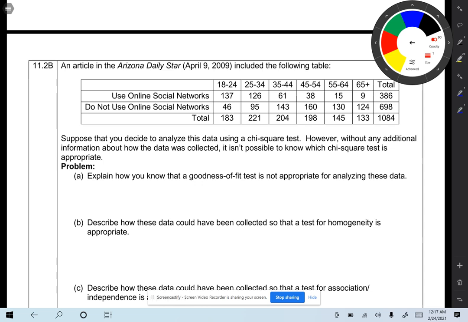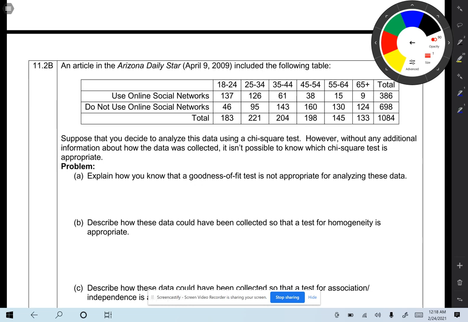And along the left side, you have whether they use online social networks or do not use online social networks.